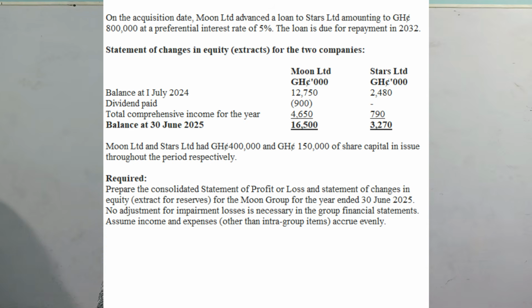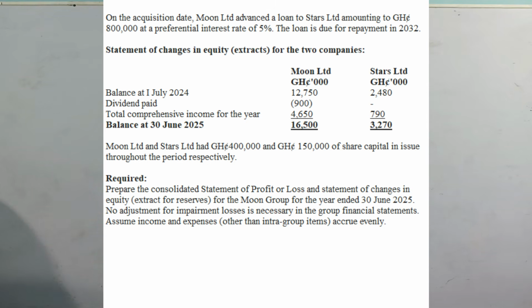Moon Limited and Stars Limited had 400,000 Ghana cedis and 150,000 Ghana cedis of share capital in issue throughout the period respectively. Required: prepare the consolidated statement of profit or loss and statement of changes in equity extract for the Moon Group for the year ended 30th June 2025.